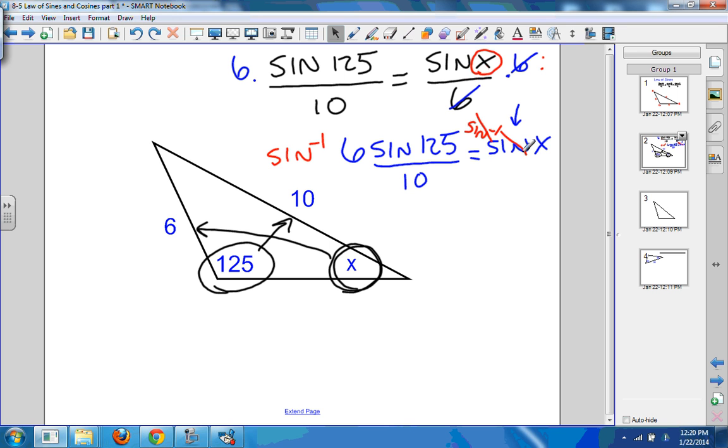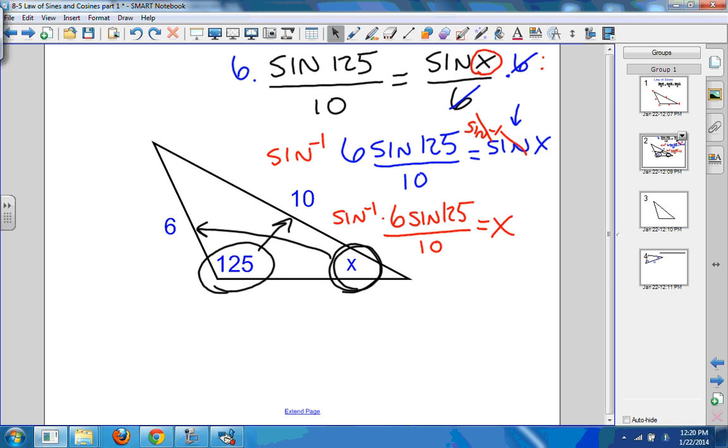So I'm left with x over here, but we have a really big mess of stuff on the left side. We have the sine to the -1, the arc sine, of 6 times the sine of 125 all over 10. Looks really complicated. We can put it in our calculator just like that though and get our answer.